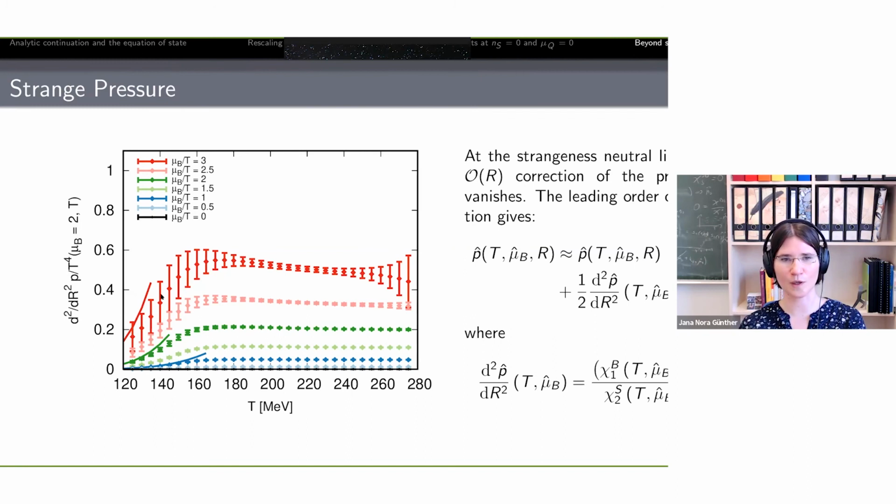And this is the coefficient we plot here for different values of the baryon chemical potential, again with comparison to the hadron resonance gas.